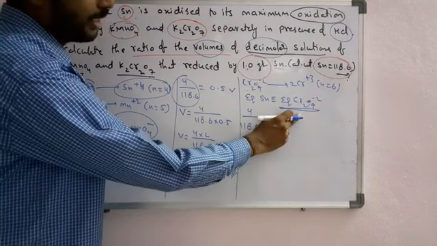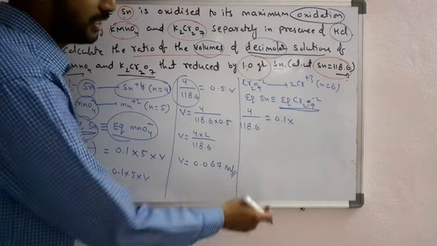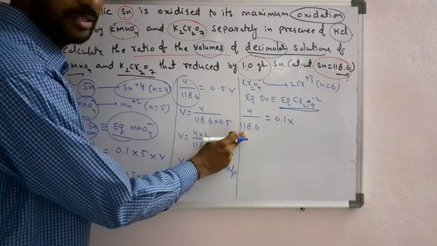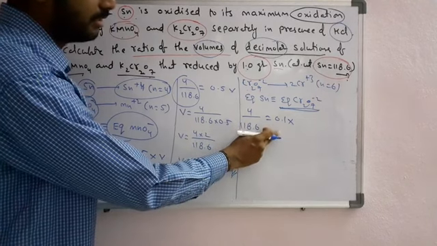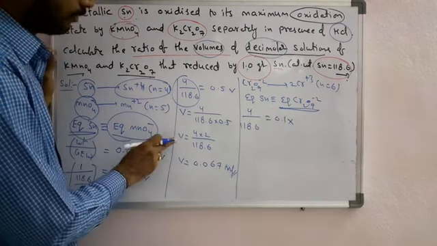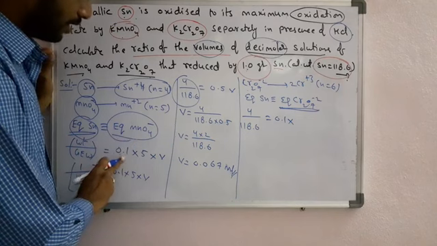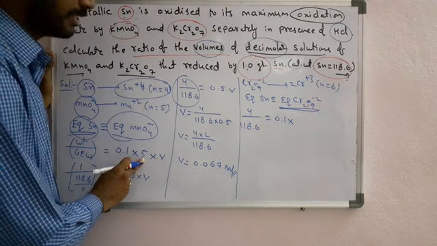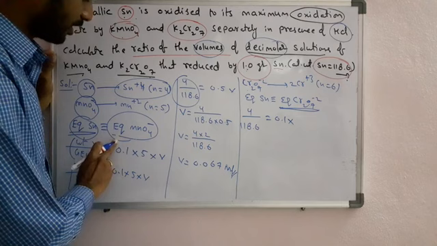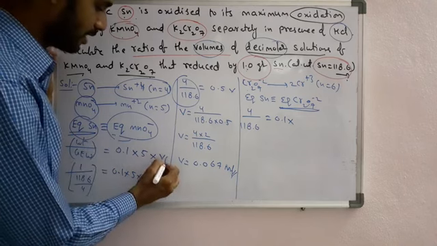Here there is no information about the weight. If the information were given in terms of weight, we could do the same in terms of weight by gram equivalent weight. But the information is not given in terms of weight for potassium dichromate and potassium permanganate. That's why we take the other information, molarity into its n factor, normality, and its volume. Here we are taking equivalents, so we must take the volume in liters.